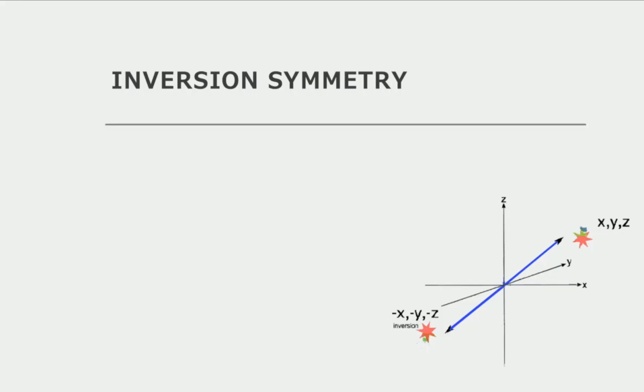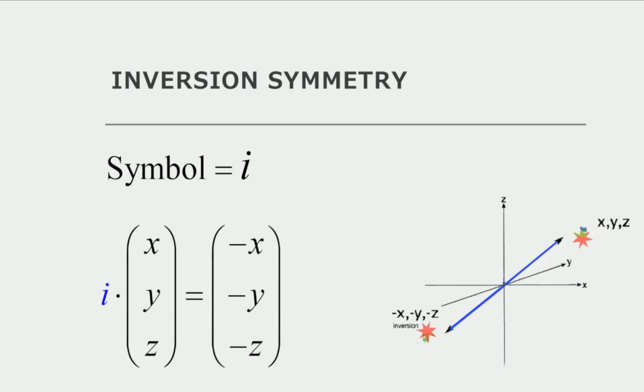Okay, now let's go to the other kind of symmetry operation, which is inversion. The third one is inversion, represented by the symbol I, and the definition has already been discussed. In terms of Cartesian coordinates, the inversion operation transforms the coordinates x, y, z into their respective negatives, that is minus x, minus y and minus z.